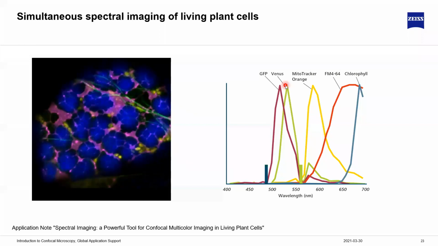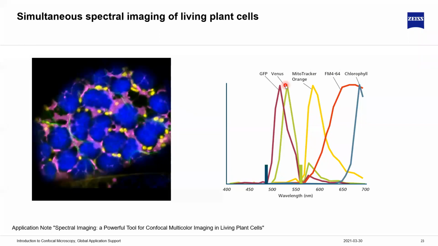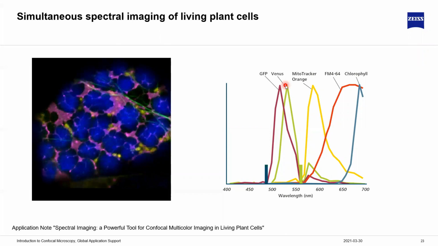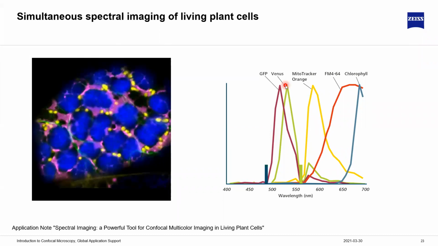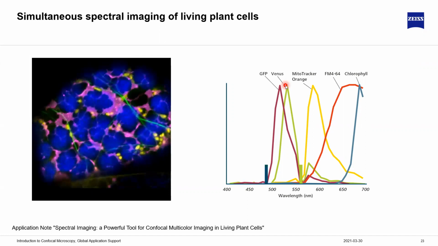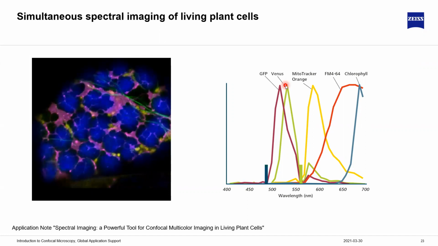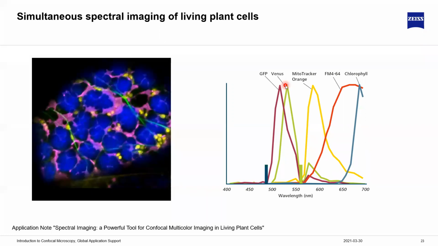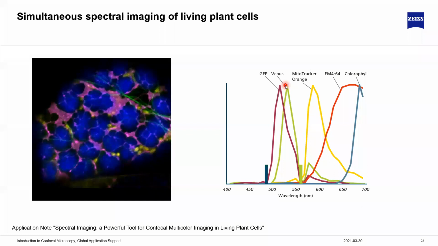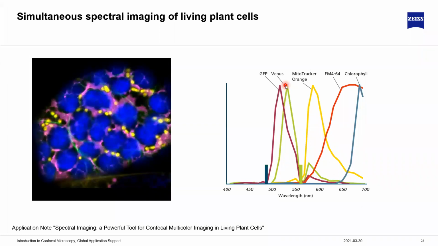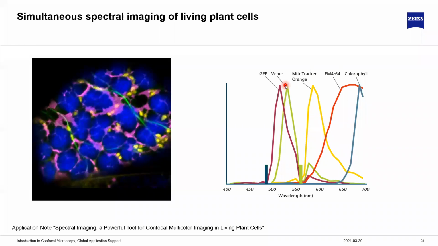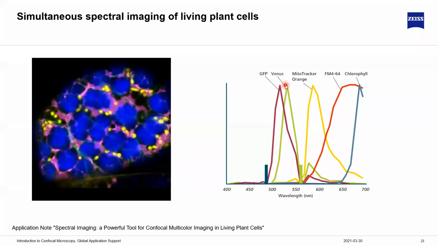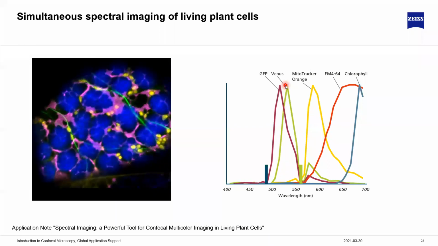Using linear unmixing, so just doing a typical confocal imaging, but then doing some extra analysis on your images, they were able to separate all those four labels plus the chlorophyll autofluorescence. So it's not only about getting nice, simple images of your sample; the confocal microscope can also help you image very challenging samples.